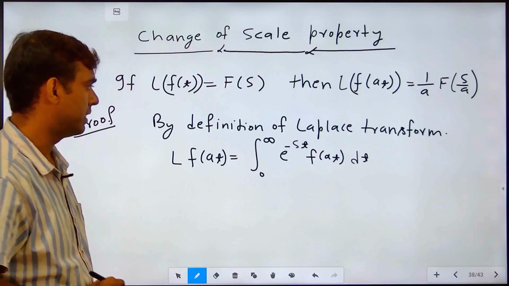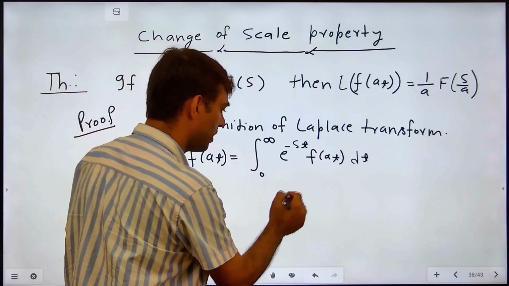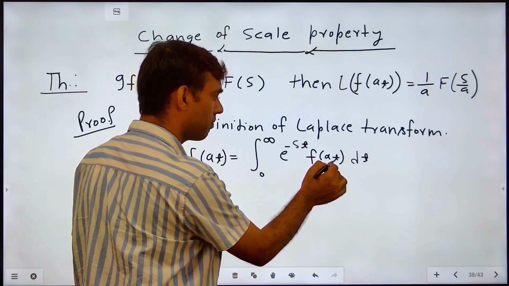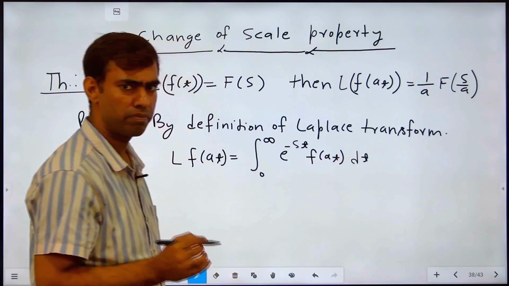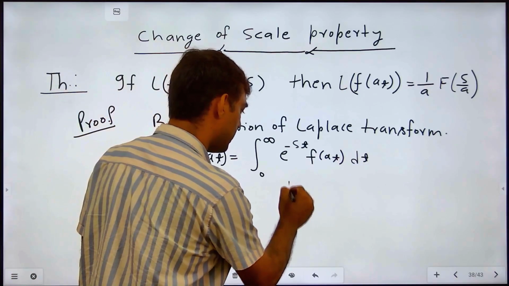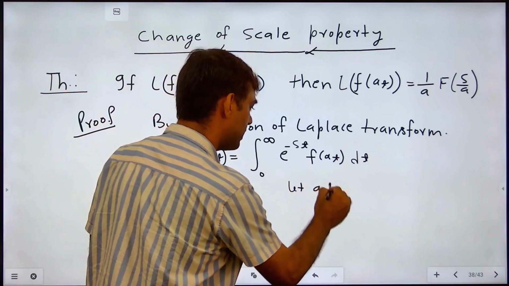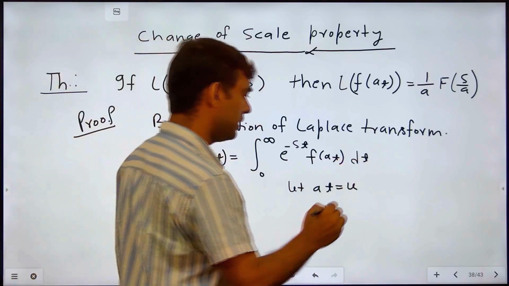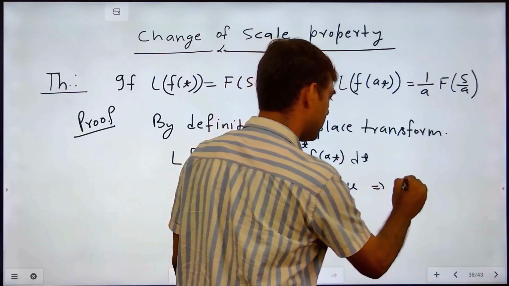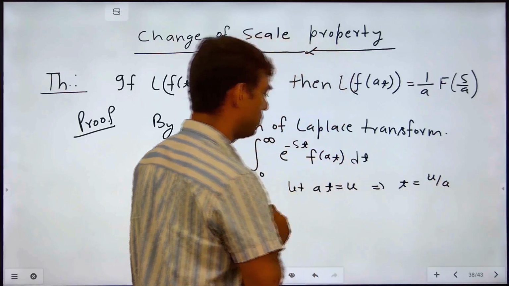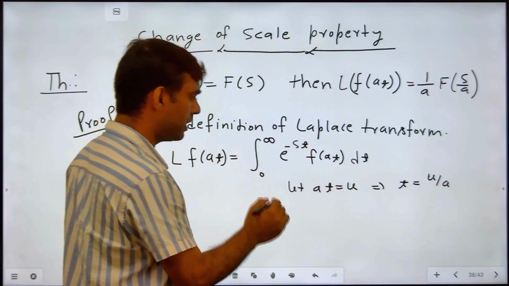Now, here we try to convert from one variable to another, from t to u. So let at equal u, which implies that t equals u/a. What is the lower limit?